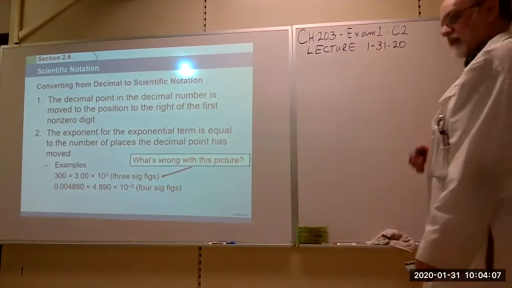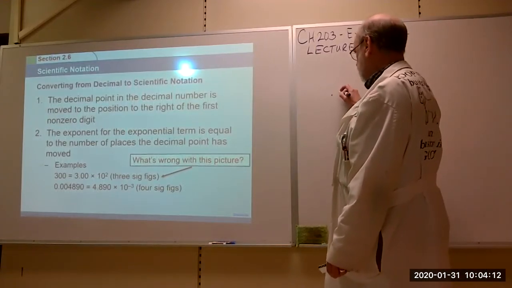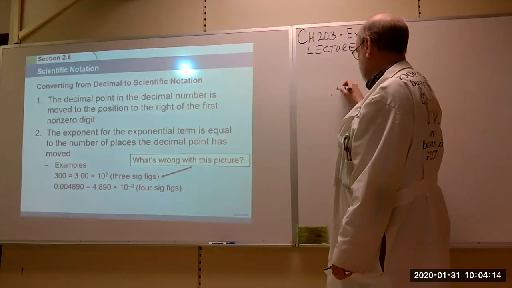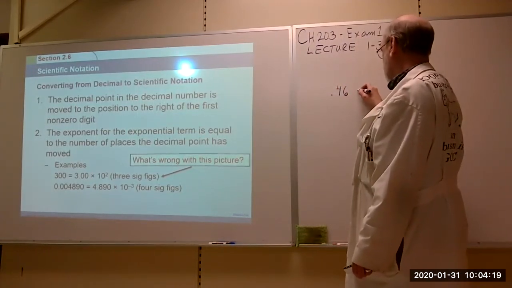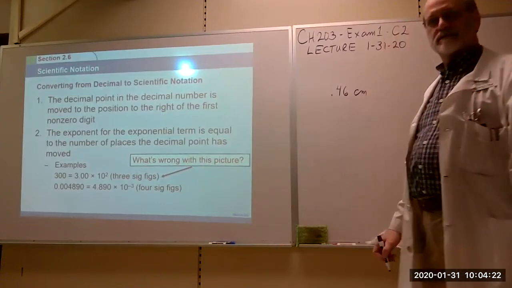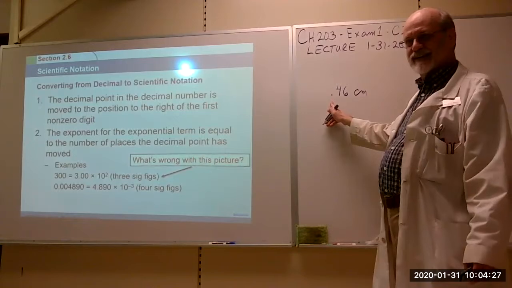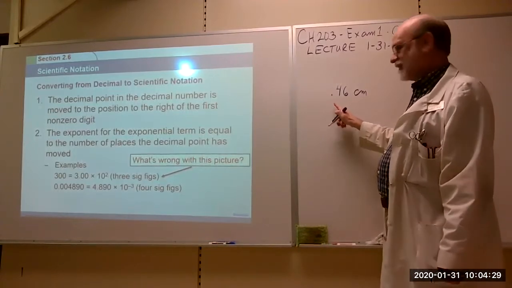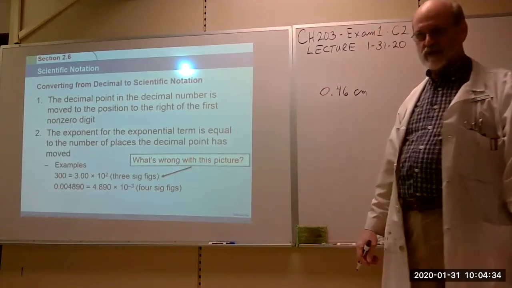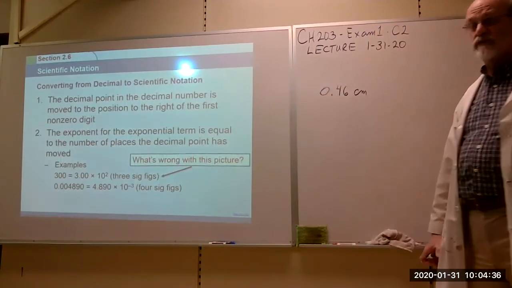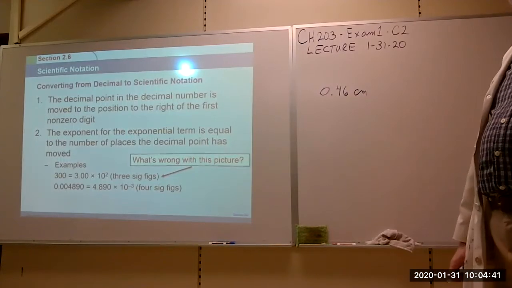Oh, by the way, one of my pet peeves: let's say you make a measurement like that. That's what we call an orphan decimal, right? It has no parent. You have to have a leading 0. A lot of my students come out of public schools, and their teachers don't care about those.